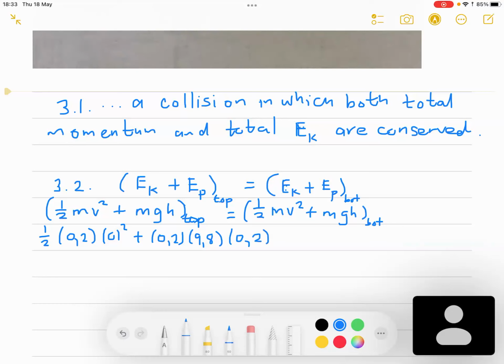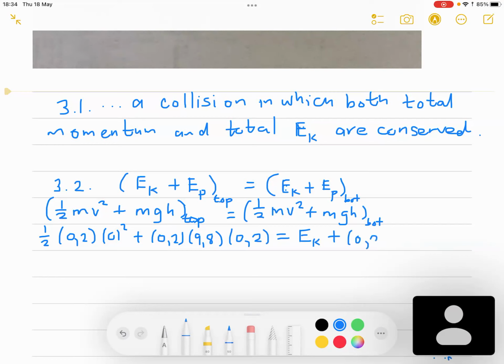Then that must equal to, now a half mv squared at the bottom, I'm just going to call that again EK because that's what I'm trying to find. The question is to find this kinetic energy. Plus mgh.